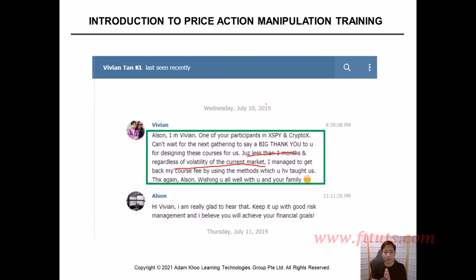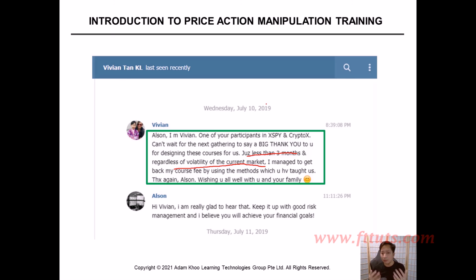And I always tell my students that your first goal when you enroll in the program is, of course, to make back your course fee, because after that, the knowledge is going to be with you for the rest of your life, right? It's not something you can use only for this week or next month. You can use it for many months, many years down the road, whether in short-term trading, swing trading, or even in timing your investment entries.